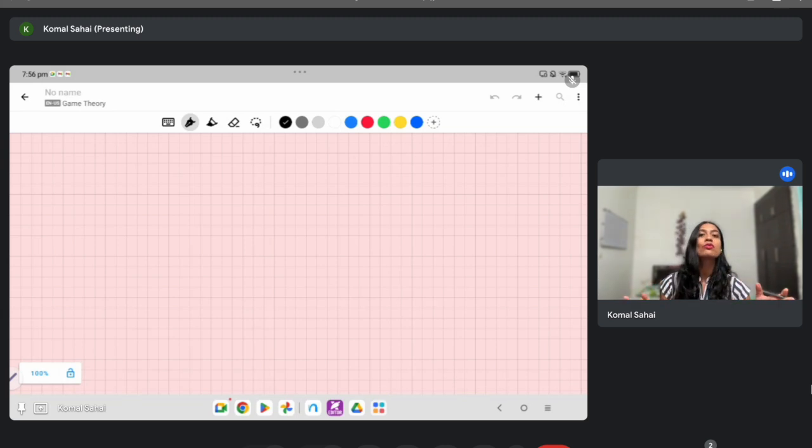It's an action profile that is steady in the sense that no player can make any increase in her payoff by unilaterally deviating from the equilibrium action profile, right?